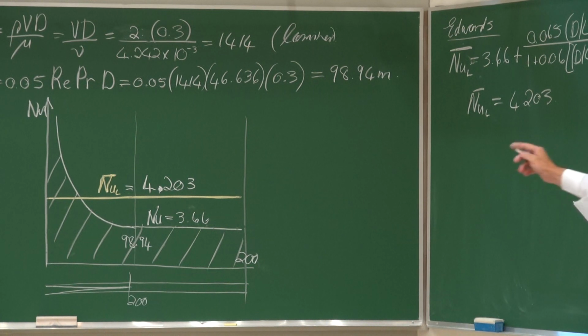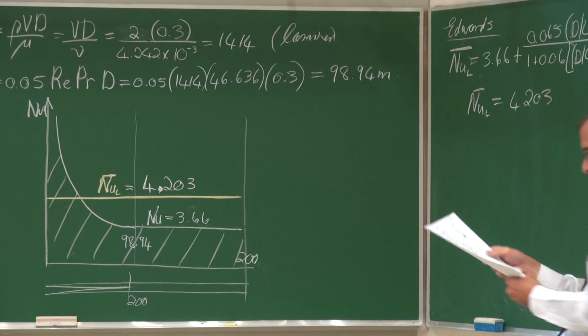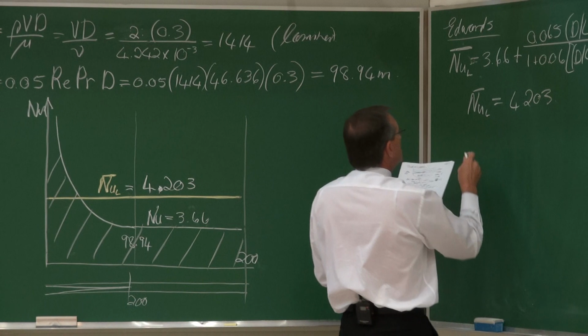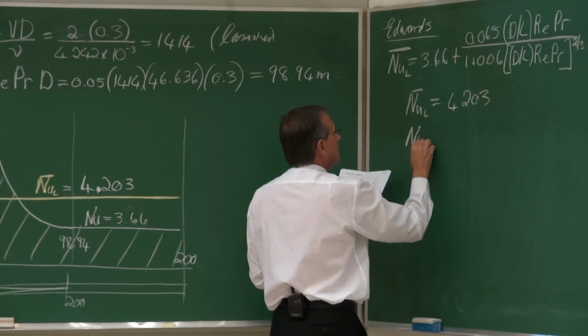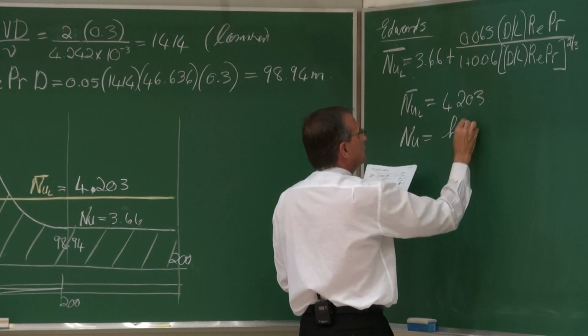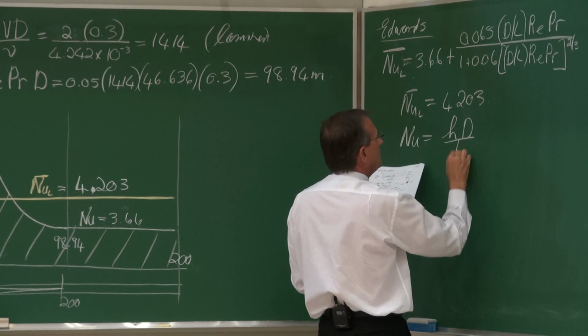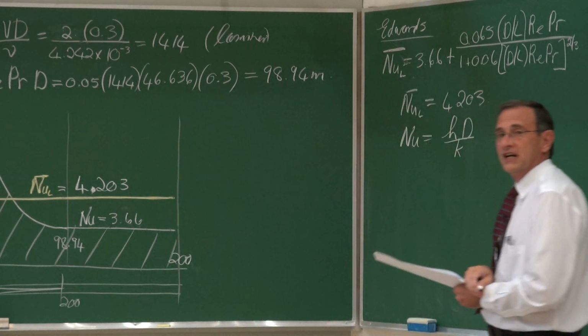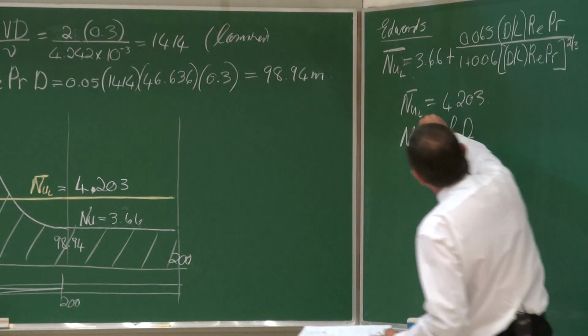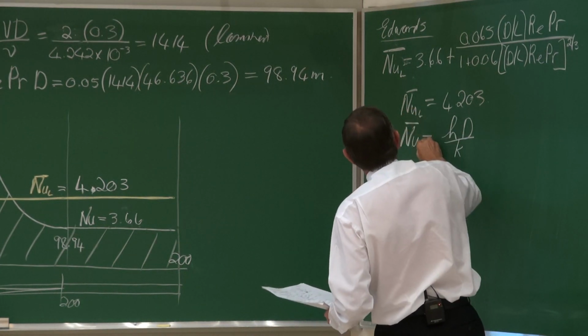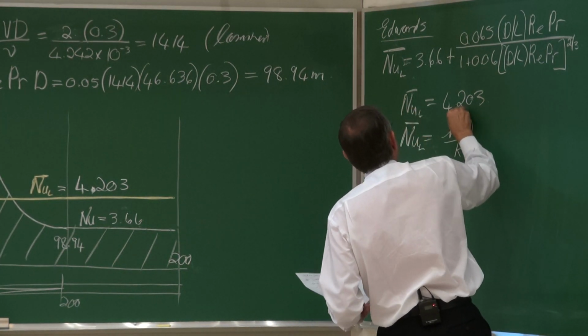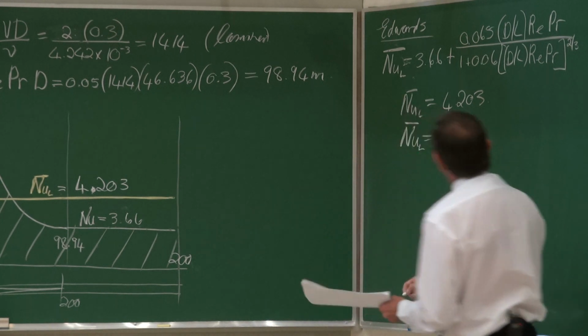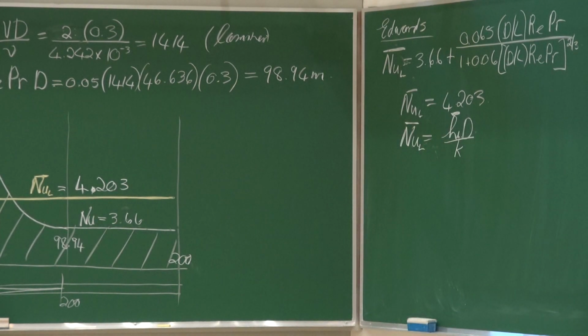Right, now that we've got the Nusselt number, we can get the heat transfer coefficient. So the Nusselt number is equal to the heat transfer coefficient multiplied by the diameter divided by the thermal conductivity. And this is, of course, the average Nusselt number. So that is going to be the average heat transfer coefficient over the length L. Let's do the calculation.